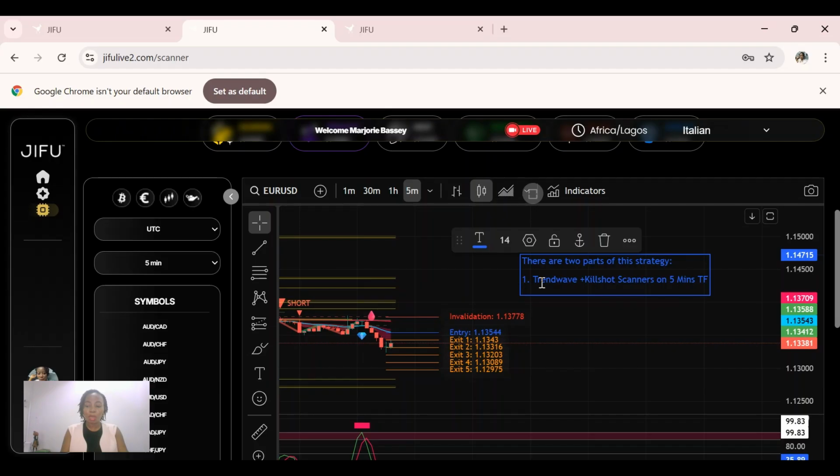So the three questions you ask: A, did trend wave call the trade? That's the first question you ask yourself. And then the second one is, is the trade on the 5 minutes time frame?